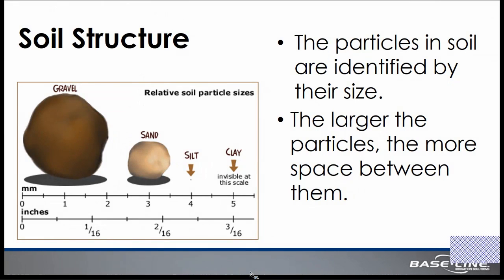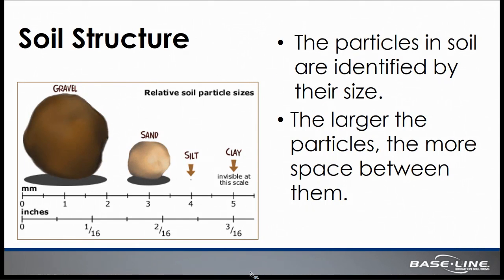Soil is made up of particles, of course, and those particles are identified by their size. The larger the particles, the more space there is between those particles in that structure. That is an important concept to understand because water is held between those particles and those spaces that exist.